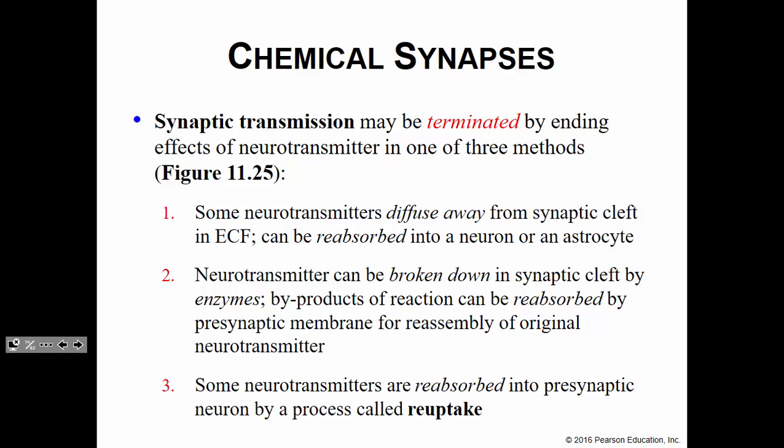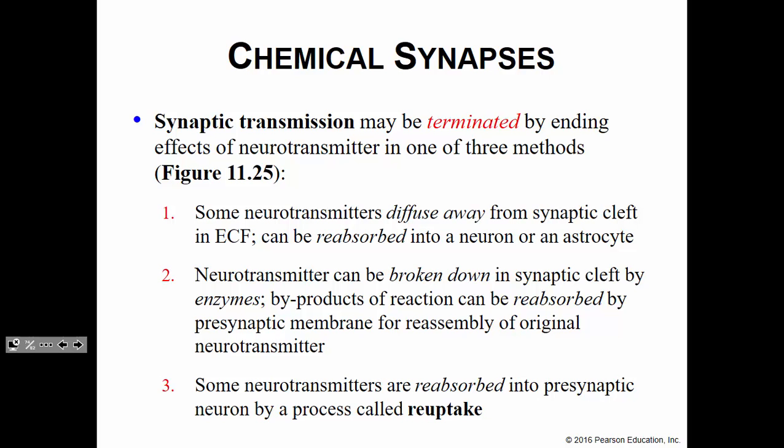Now, synaptic transmission can be terminated just by ending the effects of the neurotransmitters, and this can be done three ways. Sometimes the neurotransmitters just diffuse away from the synaptic cleft into the extracellular fluid, and then they're reabsorbed into the neuron or an astrocyte. Another way is that they can be broken down by enzymes, and the byproducts of that reaction are then reabsorbed by the presynaptic membrane for assembly of that original neurotransmitter that you started with.